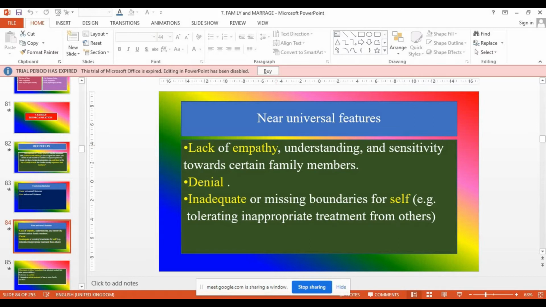Empathy means the husband and wife do not think about each other's feelings. For example, the husband doesn't think about the wife's feelings and desires, or the wife doesn't think about the husband's feelings, desires and dislikes. So this is the first feature.